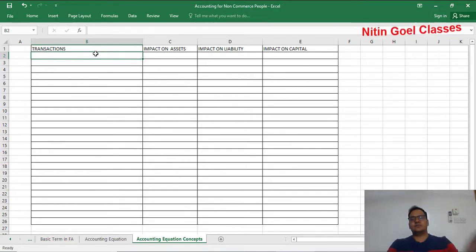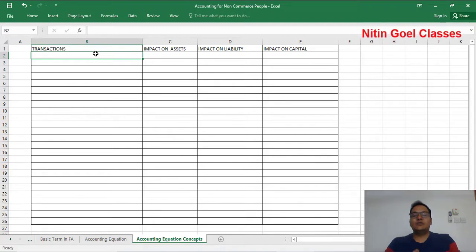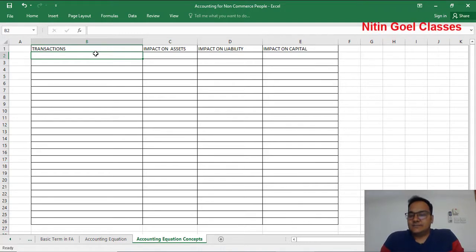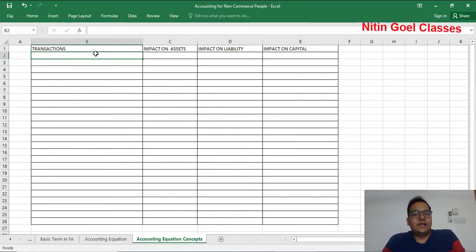Rather, we are going to focus on the particular transactions, and you have to identify whether an asset is there or a liability is there, which asset, which liability, or what the impact will be. When you see impact, you always consider plus and minus. If you are able to understand plus and minus in your understanding of accounting transactions, then plus minus in asset or liability or both will become very easy. So let's start.